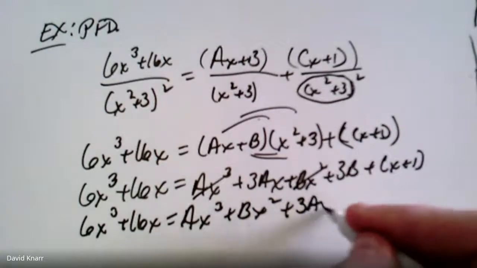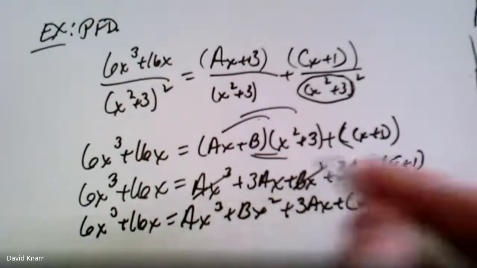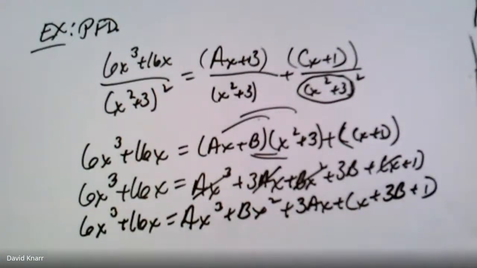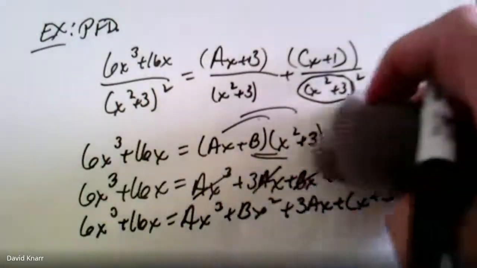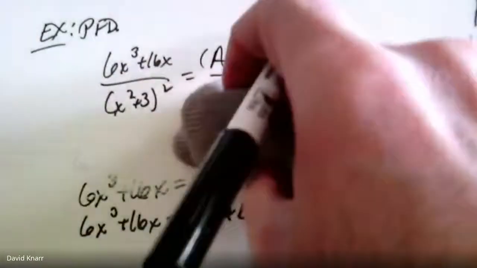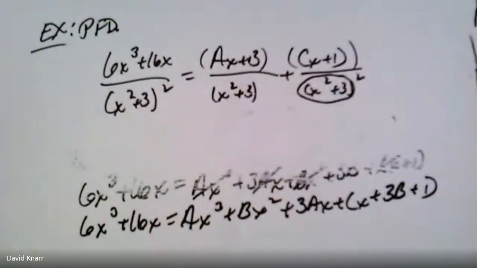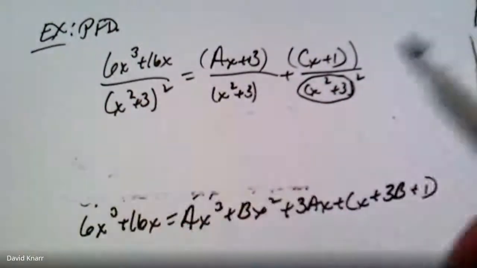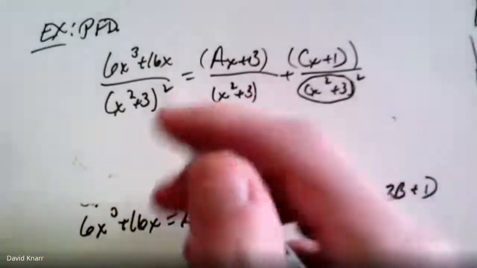We have a 3Ax and a Cx. And then we have a 3B and a D. Let me just erase this here real quick, and let's come back up here again.